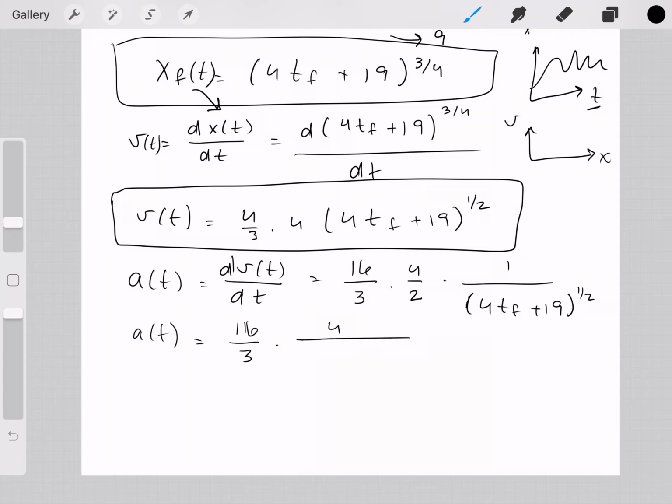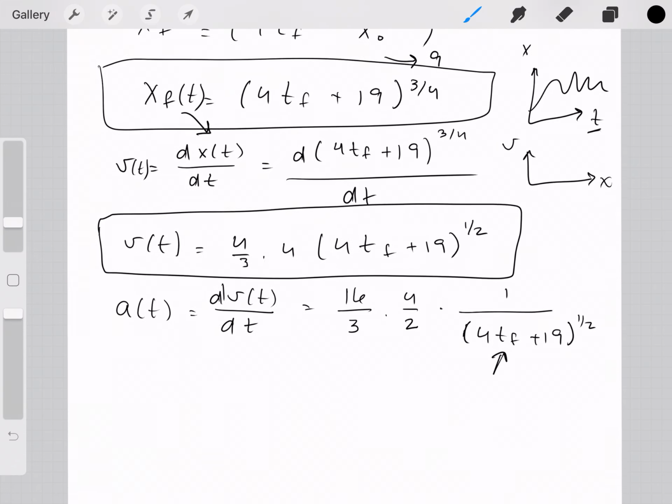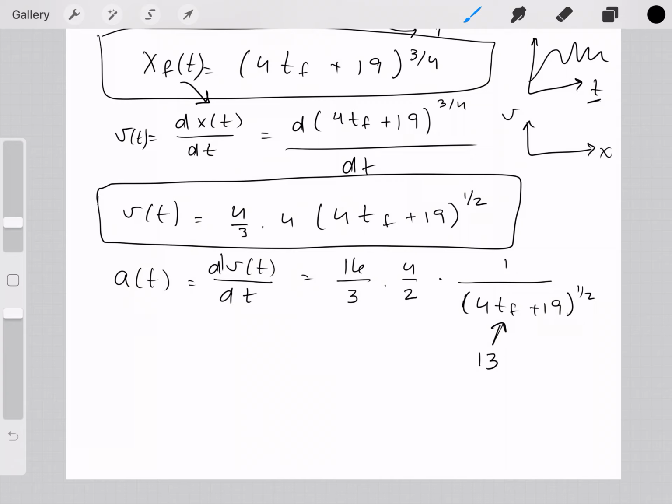Nope, that's not a simplification. Let's not simplify that. Plug that in. I used Wolfram Alpha to solve for it. You can use a calculator, whatever you feel comfortable with. Because we know that this is equal to 13 here. So solve for that at the final point, and you get 1.3 meters per second squared.